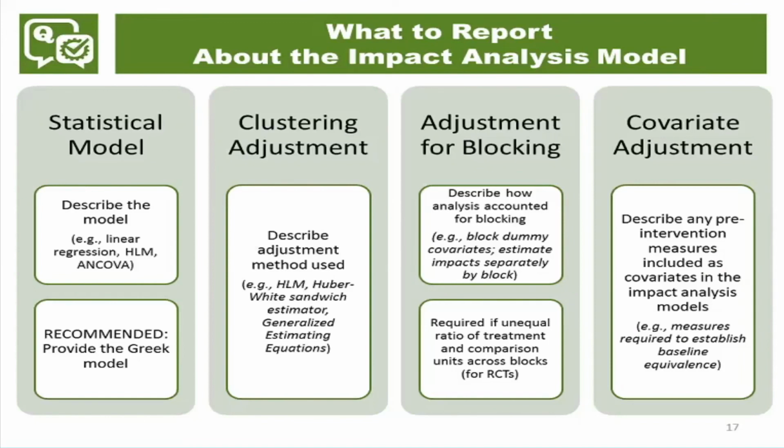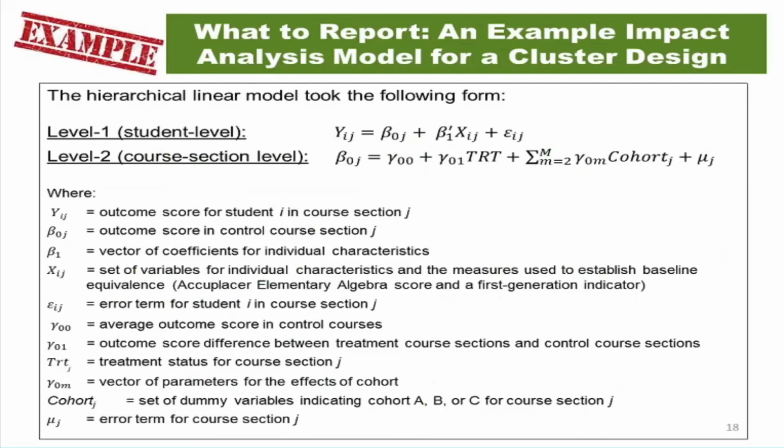Okay, let's look at an example of how a study might report its analysis model. Providing an actual equation or Greek model is an efficient shorthand for describing how the impact estimates were calculated and what adjustments were included. So in this example, the model is a multi-level model that adjusts for clustering in this cluster design.